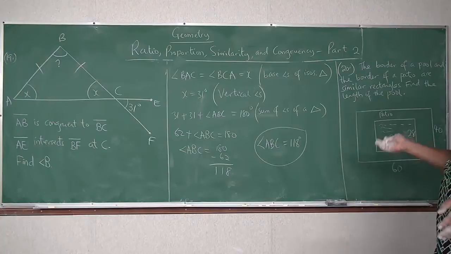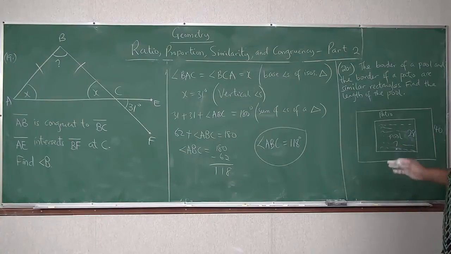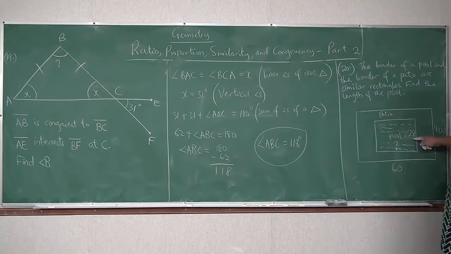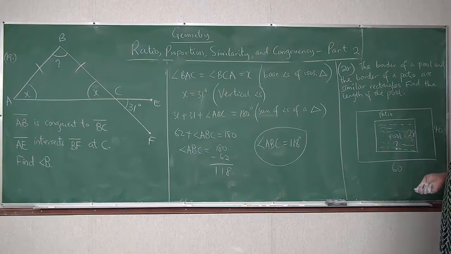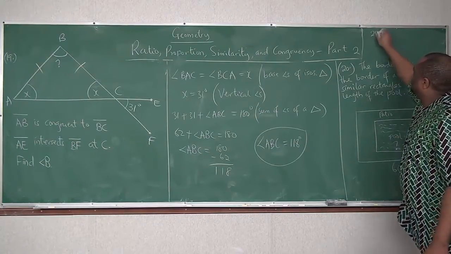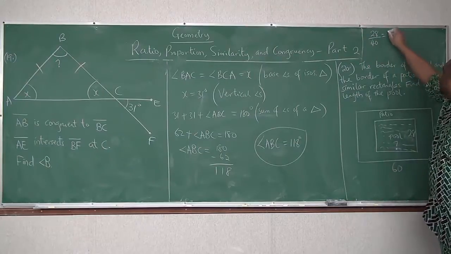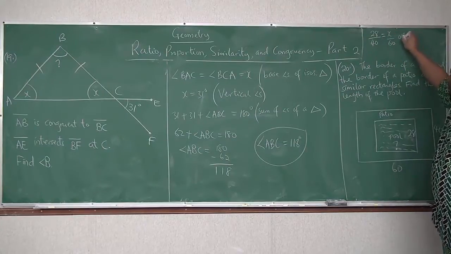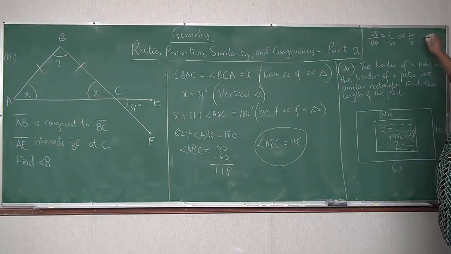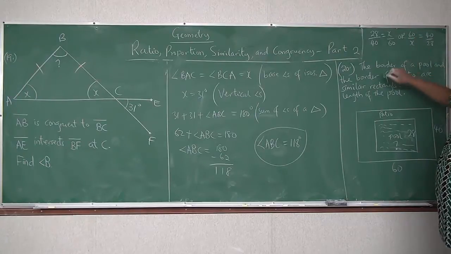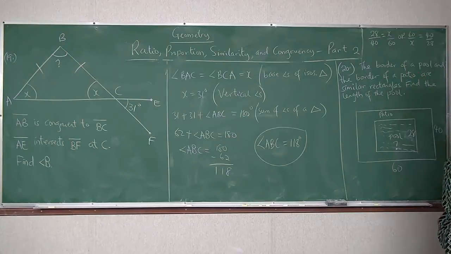So this shouldn't take you long at all. You can say 28 over 40 equal to x over 60. Or you can say 60 over x equal to 40 over 28. You know how many ways you can write a proportion.